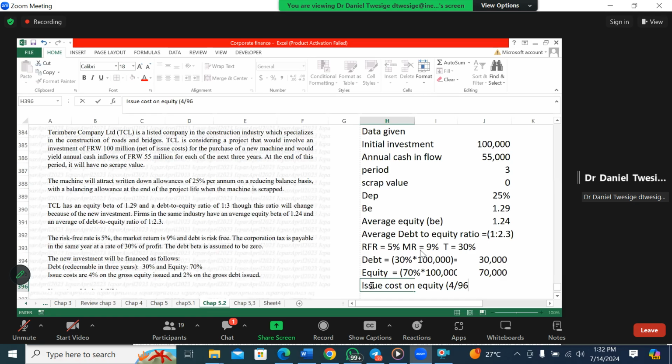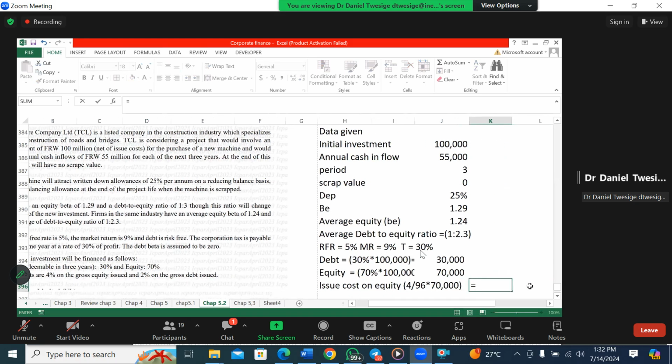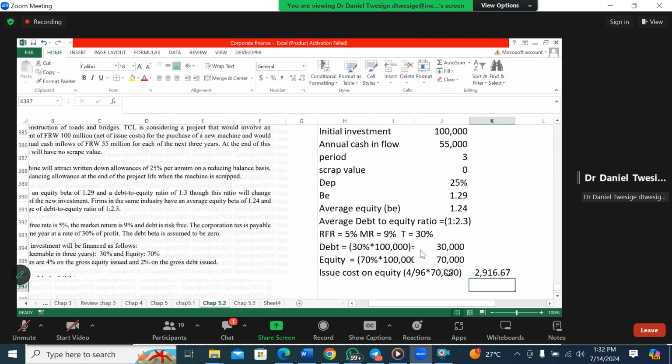Times 70. That will be the each cost. It is 4/96 times 70. That's the each cost on equity.